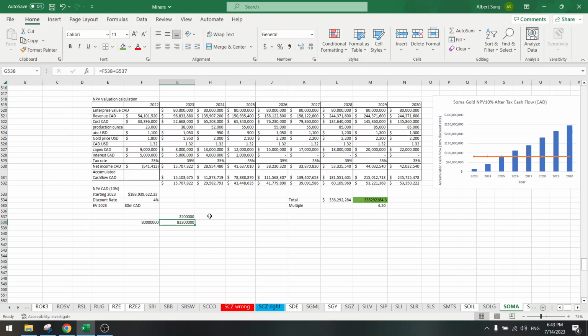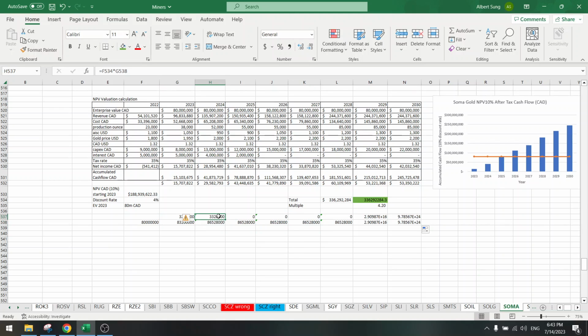Now for 2024, I have interest of 4% times this, right? And then I do this interest plus this. So I will have $8.86 million. Okay. I think I can just drag this to here.